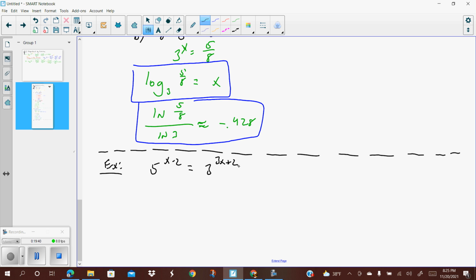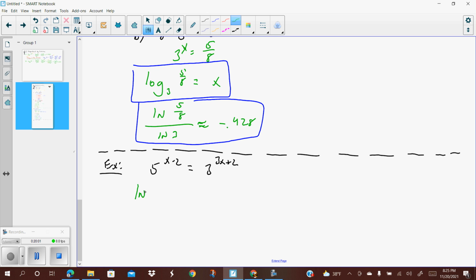So what we're actually going to do is we're going to take the log of both sides. What does that mean? In its simplest form, it literally means I'm going to write the log out in front of both the left side and the right side of the equation. We're actually taking the log of both sides of the equation.